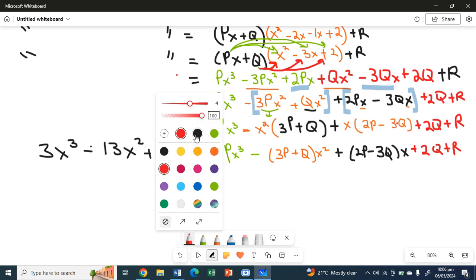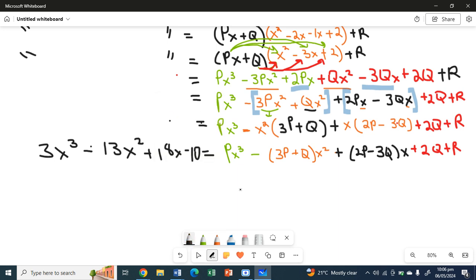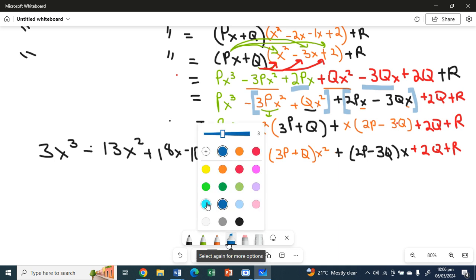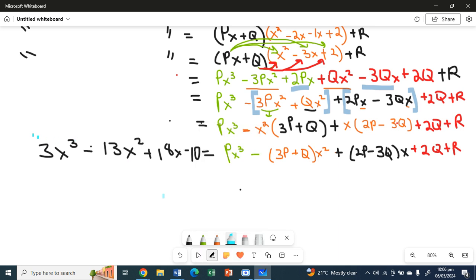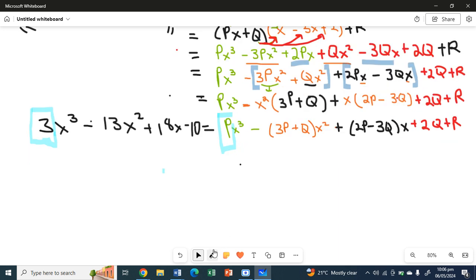We start with the coefficients of x cubed. If we look at both equations, on the right hand side the coefficient of x cubed is 3. On the left hand side, the coefficient of x cubed is p.